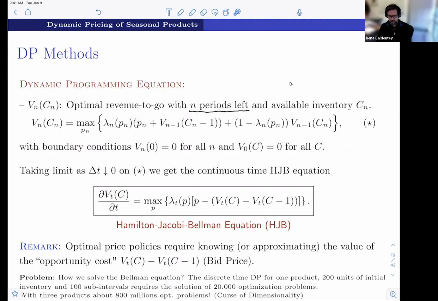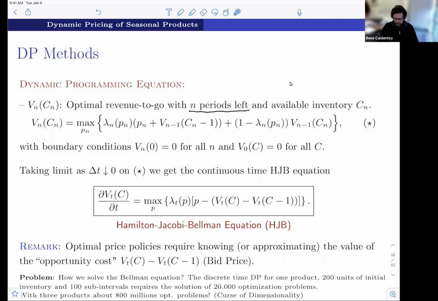If you want to review this later, you can start playing with this discrete equation. This one times this function, you can pass to the other side. Remember all these lambdas have a delta t embedded. You can divide by delta t, and then you can start convincing yourself that this is indeed the continuous time version of this equation star that I have here.